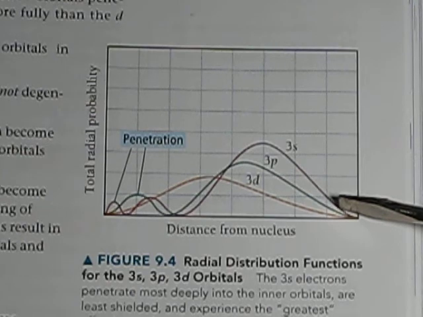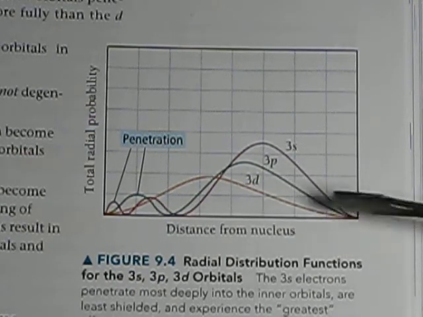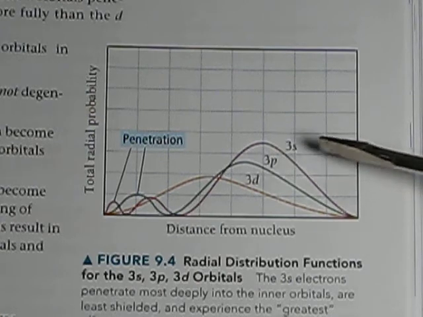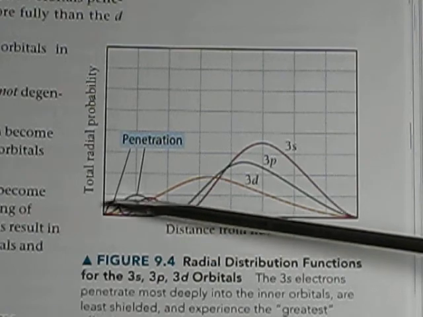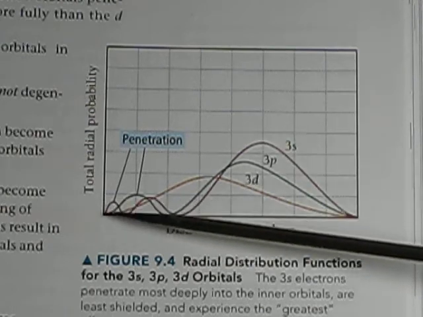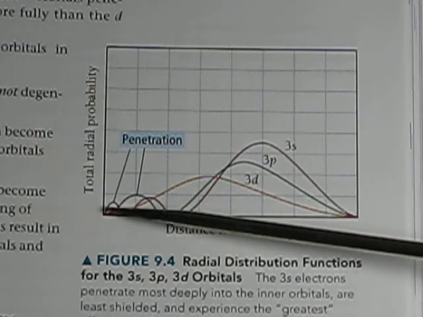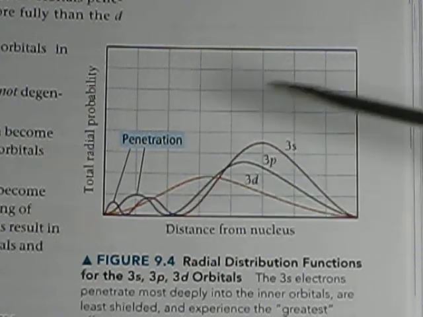The 3s orbital is even a bit larger than the 3p, even a bit larger than the 3d in terms of distance from the nucleus. But we also find that if we trace it back, this hump right here is larger for the 3s. The 3s orbital has higher electron density closer to the nucleus than the 3p's and the 3d's do. So that is our penetration.